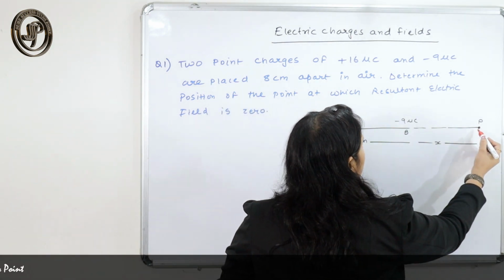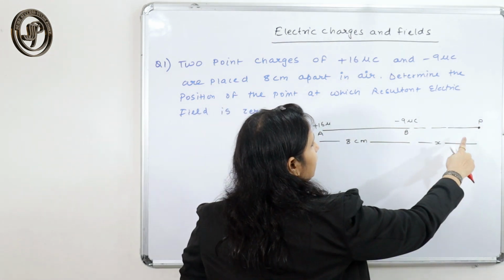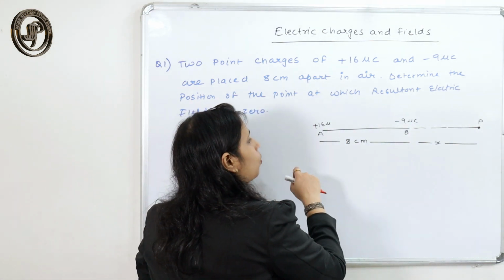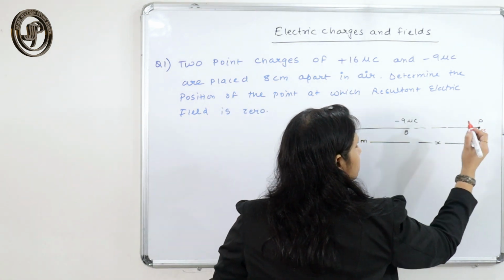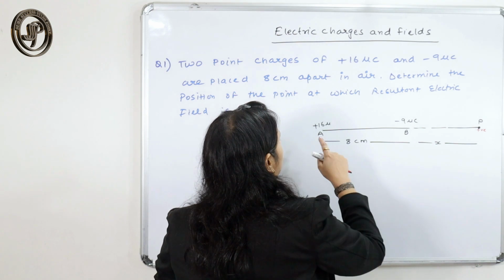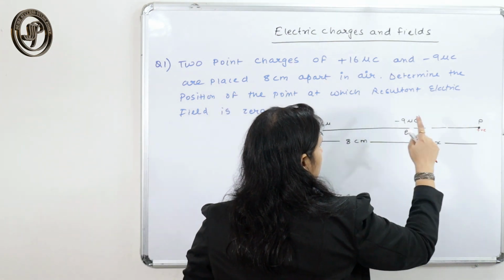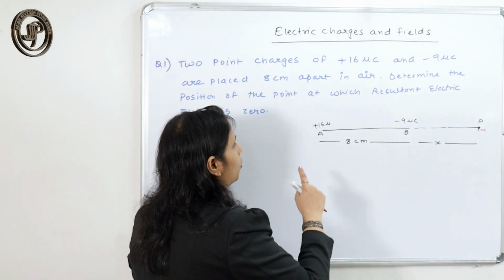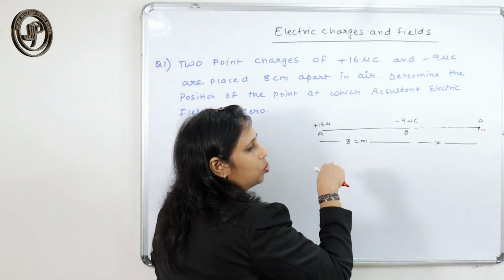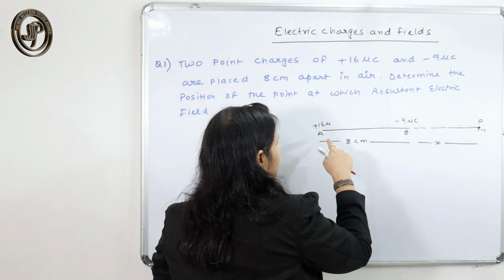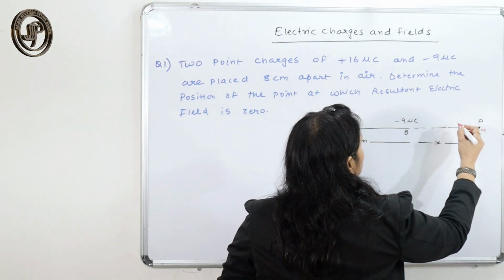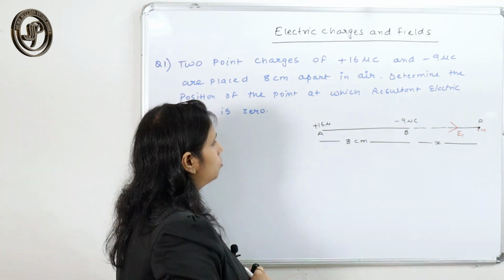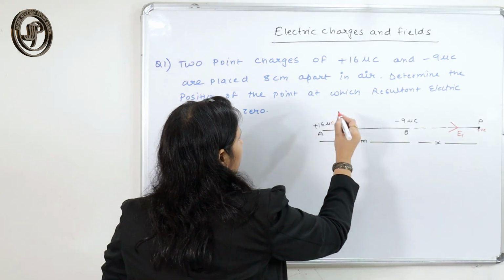This is a very important thing in order to solve this question. So here this P point we can consider as a test charge, and this is the source charge. What I told you, test charge is always a unit positive test charge. If source charge and test charge both are of the same sign, then the direction of the electric field is away from the source charge. So that is the electric field due to the charge plus 16 microcoulomb.